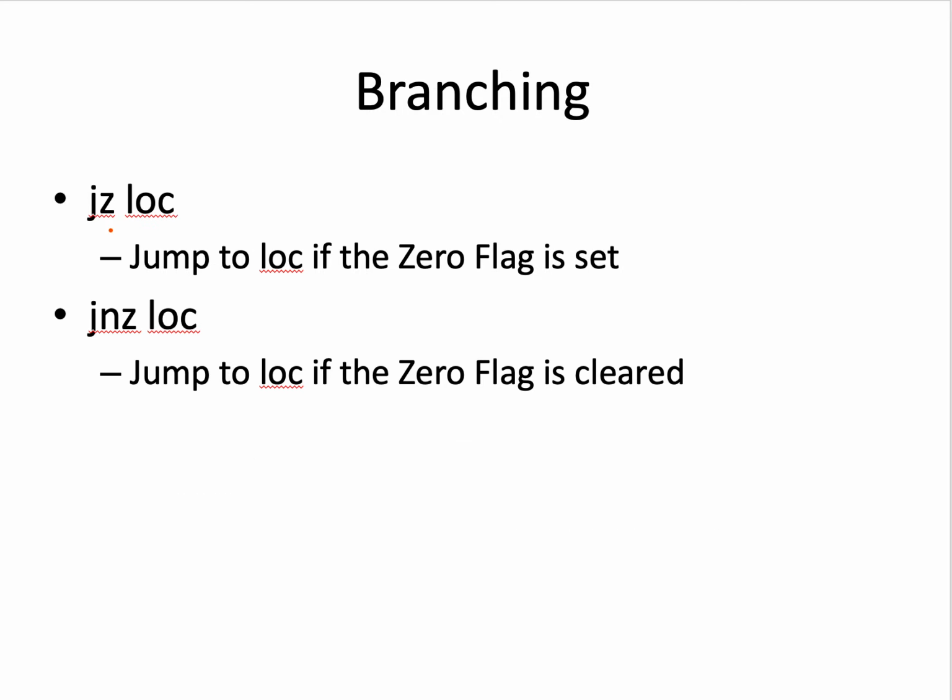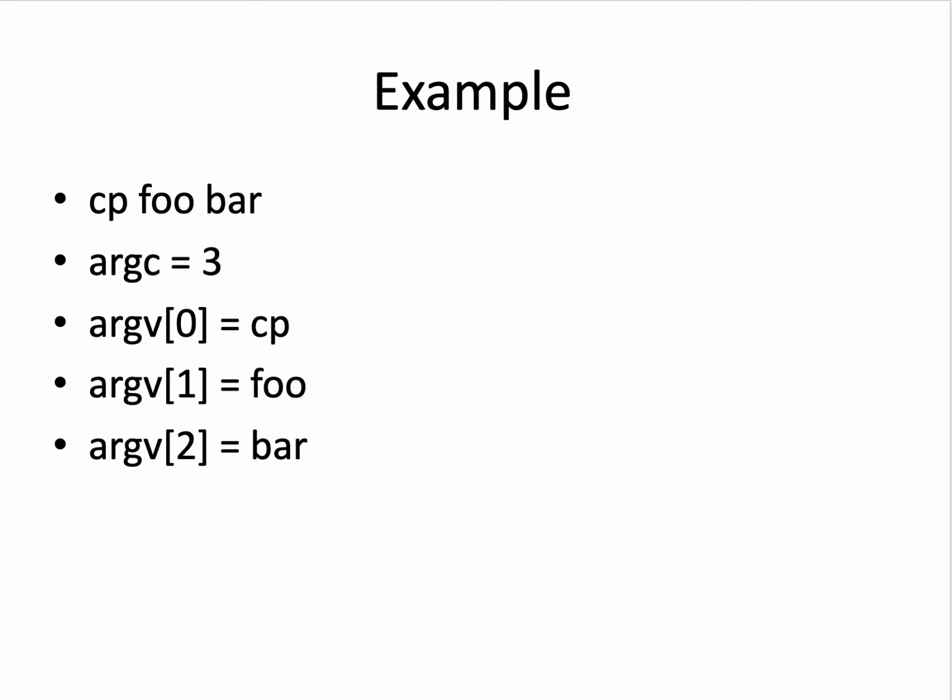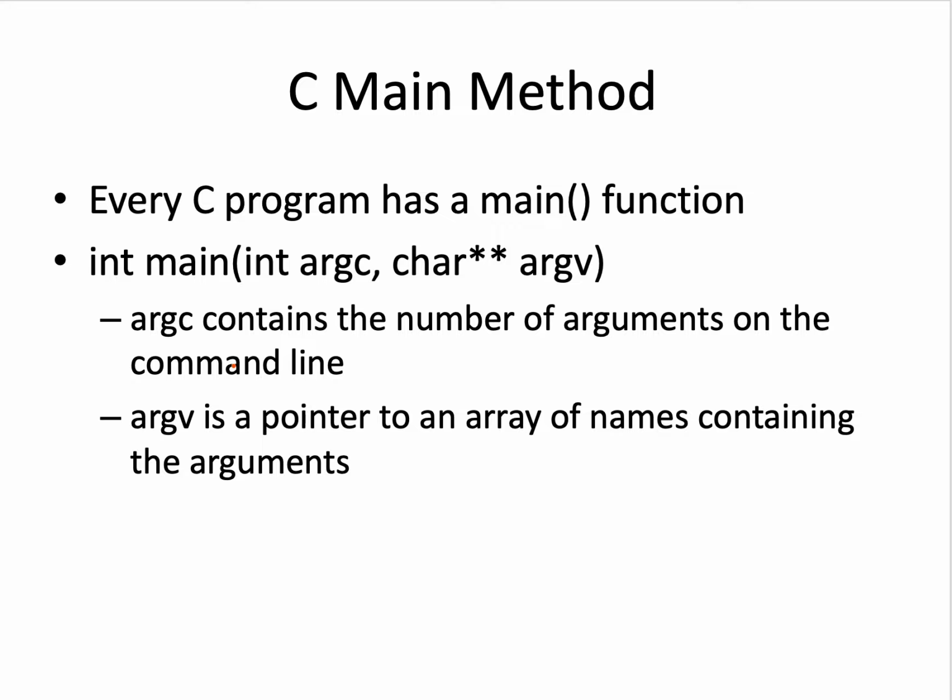We have branching here. It jumps to this location if the zero flag right here is set, and it jumps to a location if the zero flag right here is cleared, that is, JZ or JNZ. Notice we have the C main method.